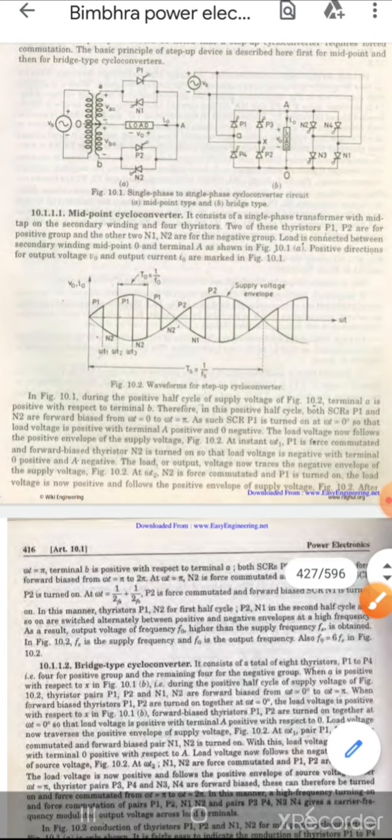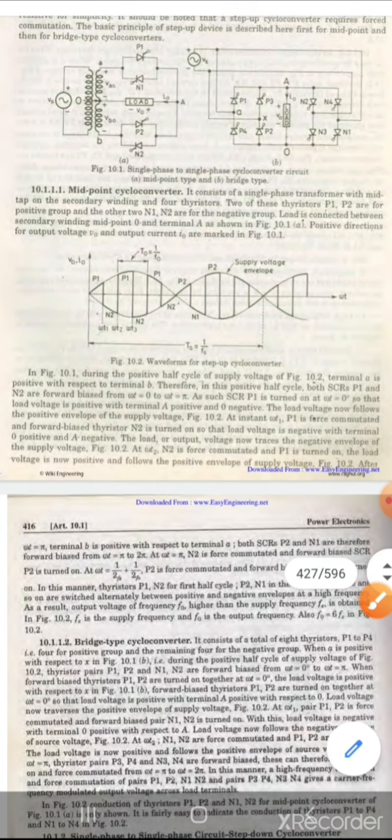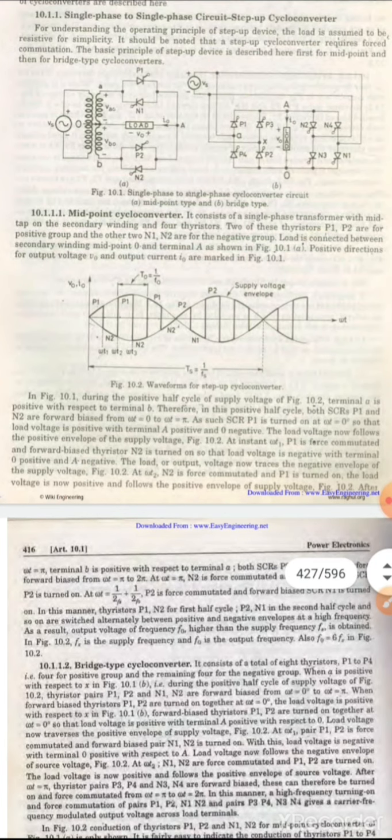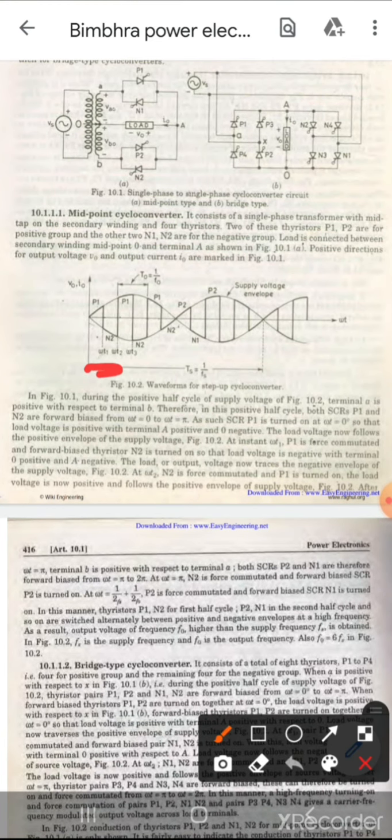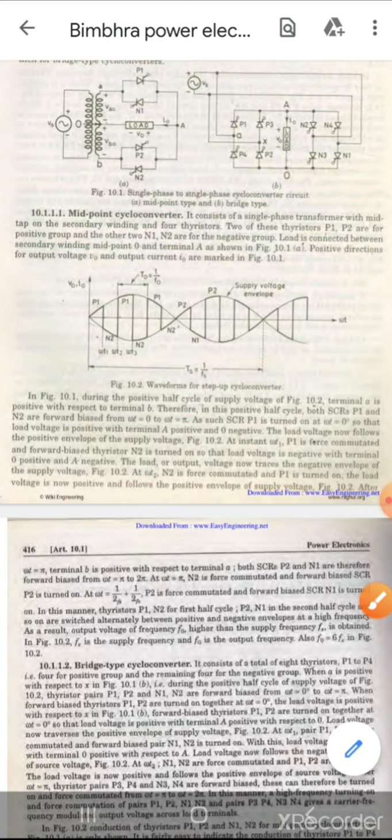Then at instant omega t1, P1 is force commutated and forward biased thyristor N2 is turned on, so that load voltage is negative with terminal O positive and A negative. The output voltage now traces the negative envelope of the supply voltage.